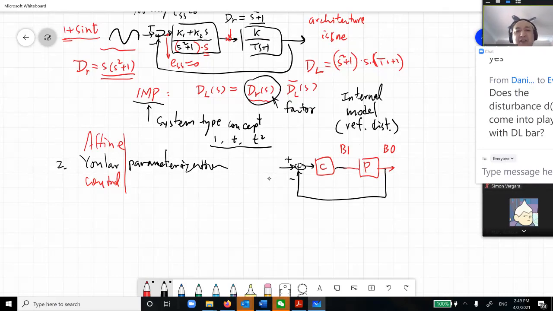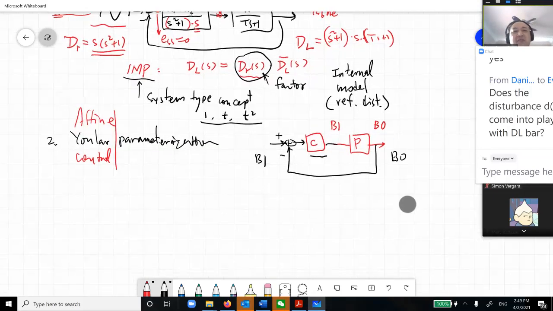From here you have input, from here you have output. So the closed loop system might be stable or might be unstable. If you don't choose C properly, you could mess up this closed loop system and turn the stable system into an unstable closed loop system. Make sense? So you have to choose C properly.